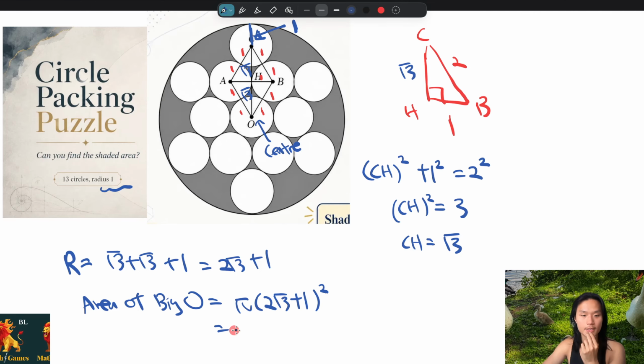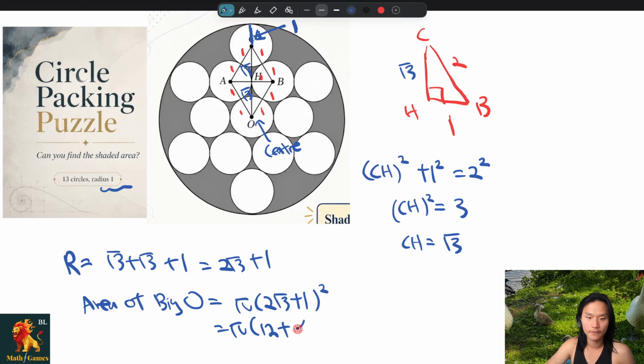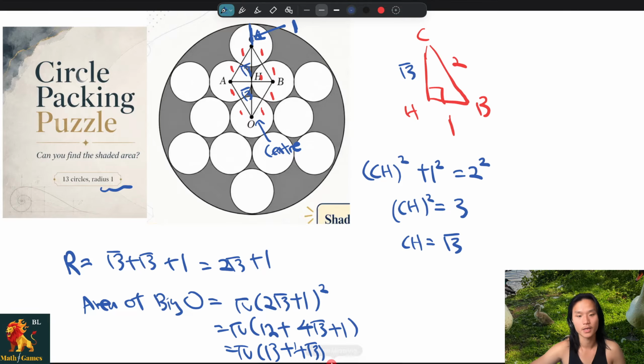So that is pi and then (2 root 3) squared, so 4 times 3 is 12, and then 2 times 2 root 3 is 4 root 3, and then 1 squared is 1. So we have pi times (13 plus 4 root 3).